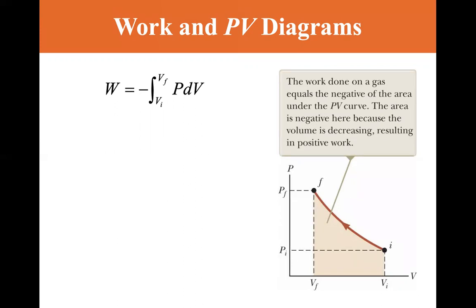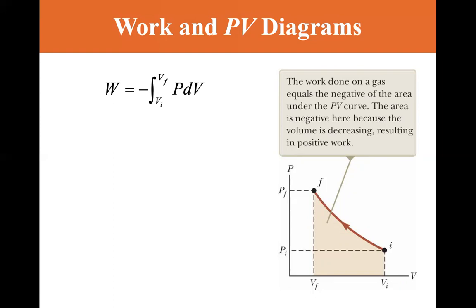The work done on a gas equals the negative of the area under the curve. The area is negative here because the volume is decreasing. We're going from the initial volume to the final volume. So the volume is decreasing, resulting in positive work. There's positive work being done on the gas as this piston moves down.